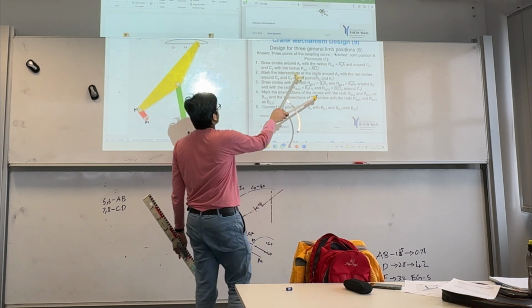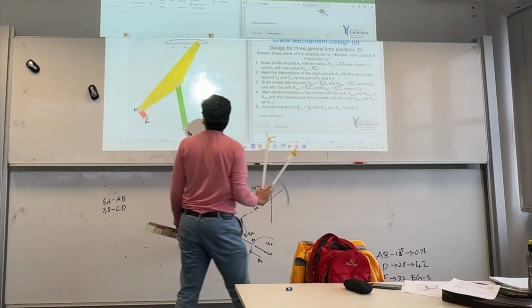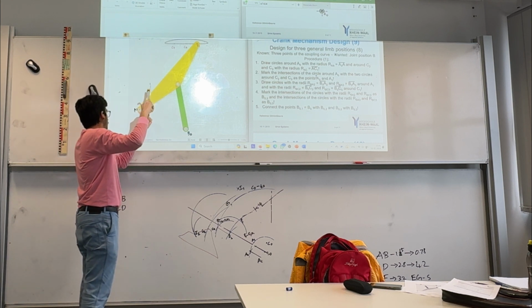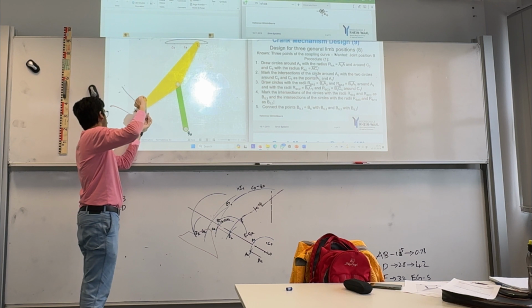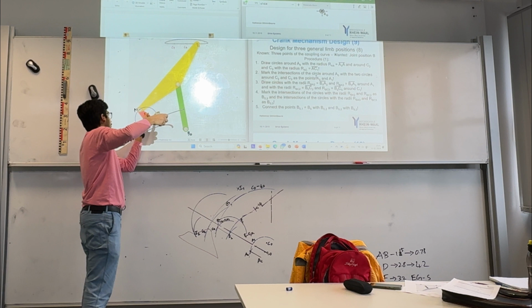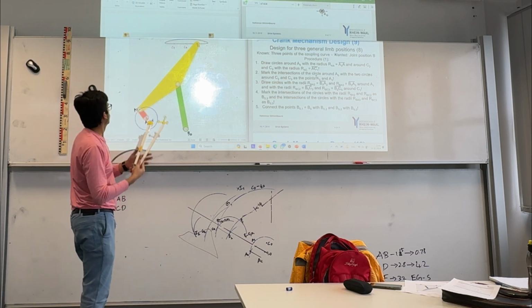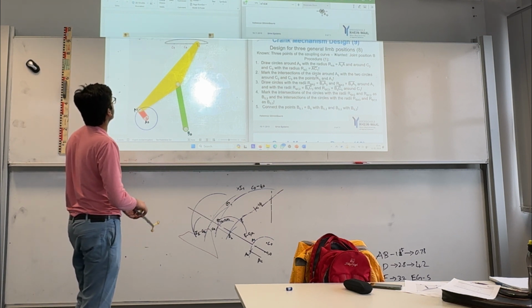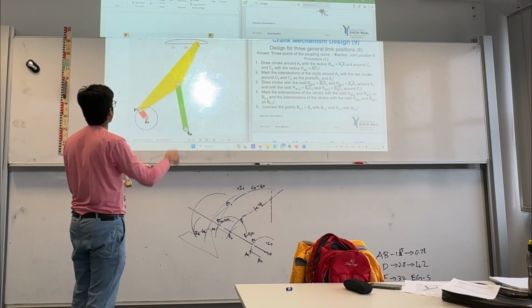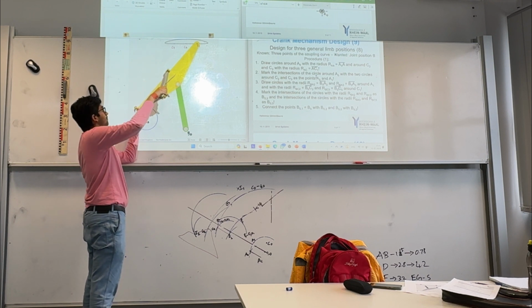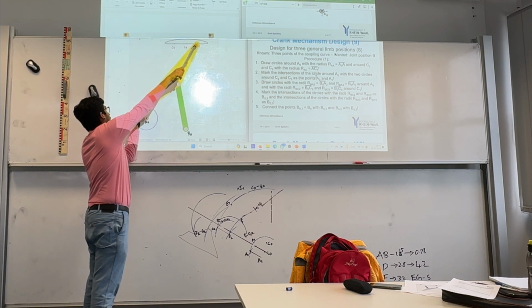Step 1. Circles around A0 with radius A0 A. Cool. Around C2 and C3 with radius AC1. So here A is A1. So close.